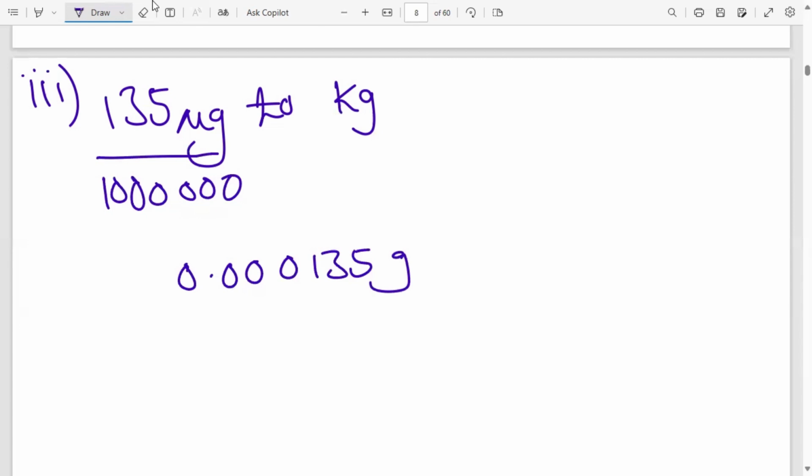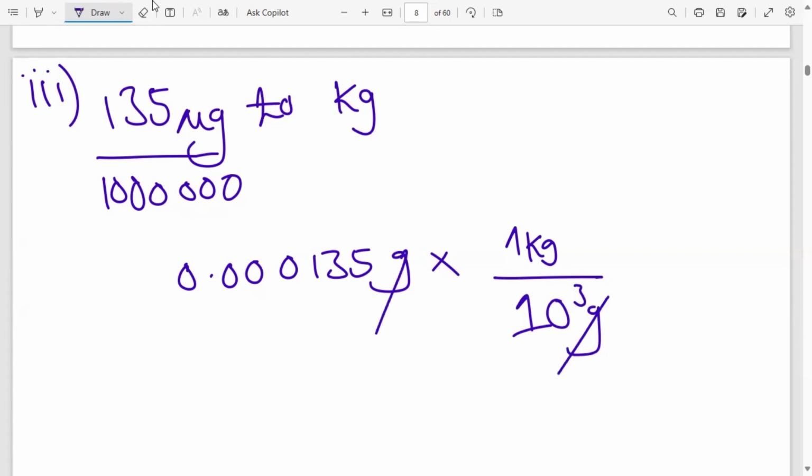And now from grams, we know that 10 to the power 3 grams make up 1 kilogram. So we can multiply this by that conversion factor. Okay, let me do this. I should say 1 kilogram is equal to 10 to the power 3 grams.